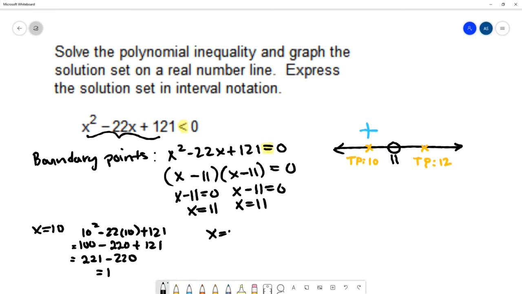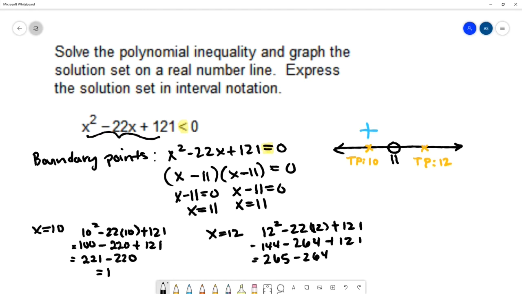Then I'll test x equals 12. So if I test x equals 12, I get 12 squared minus 22 times 12 plus 121. 12 squared is 144. 22 times 12 is 264. 144 plus 121 is going to give me 265, minus 264 is a positive 1.